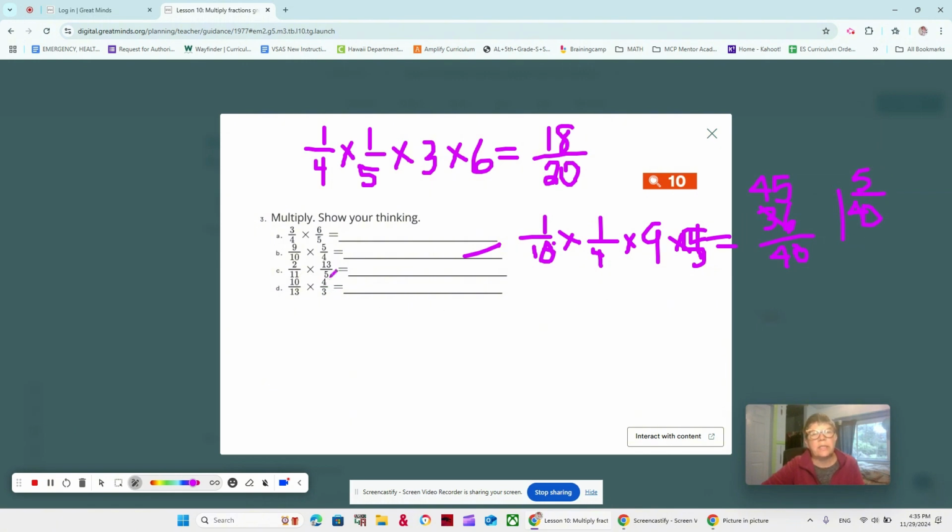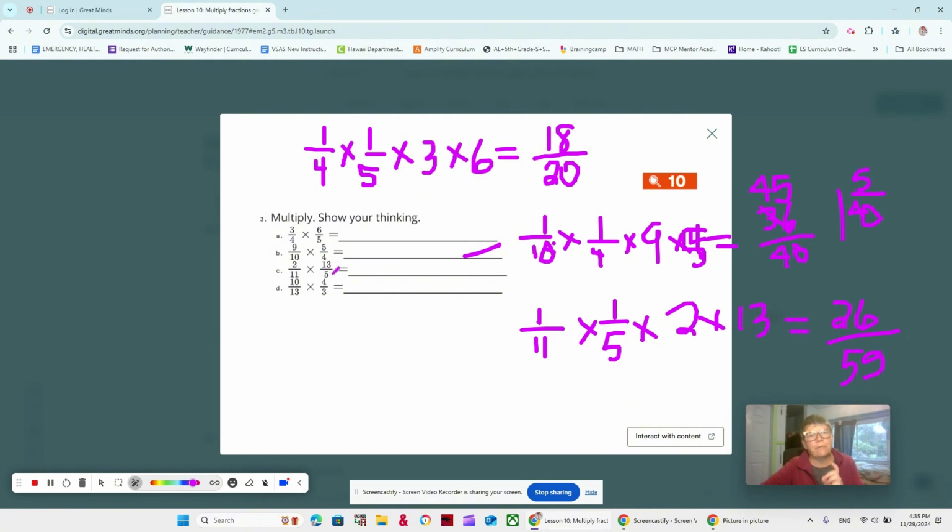Okay, let's try 2/11 times 13/5. Changing it to unit fractions: 1/11 times 1/5. Make sure I get my numbers right this time. 2 times 13. Okay. And then multiplying it all up, 1 times 1 times 2 times 13 would be 26. 11 times 5 is 55. 26/55. So 2/11, pretty much more close to 0 than it is to 1.